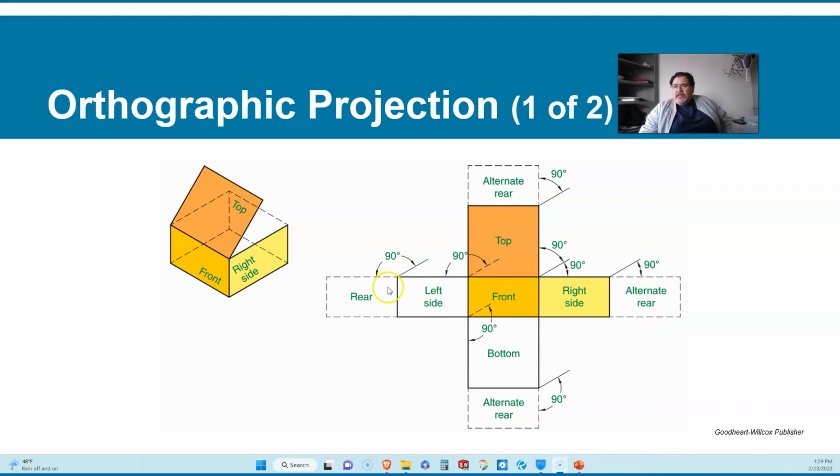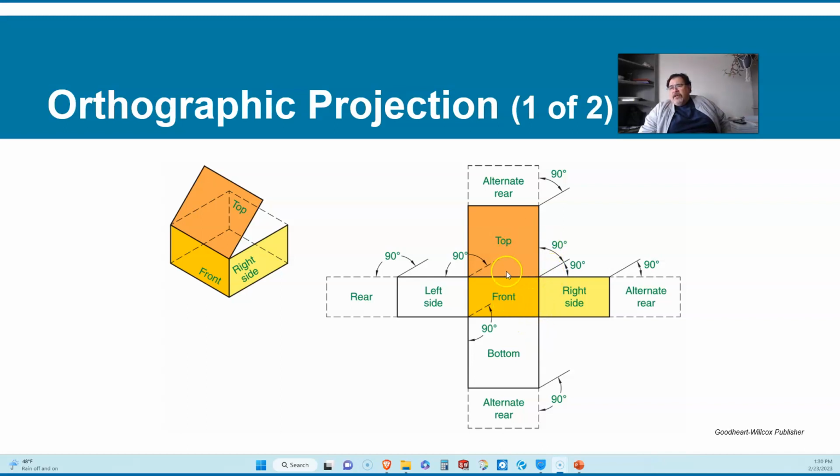And you can see that on this line here, this dark line is the folding line. So the rear would fold in at 90 degrees to each other, and this side would fold in 90 degrees to the front in one direction. The right side would fold in 90 degrees to the front. The top will fold down 90 degrees.